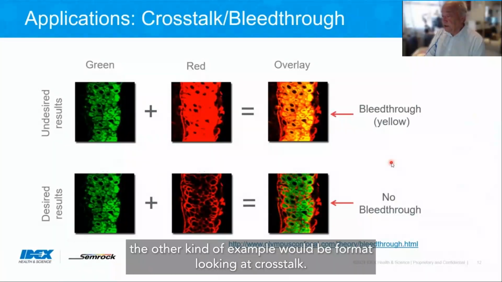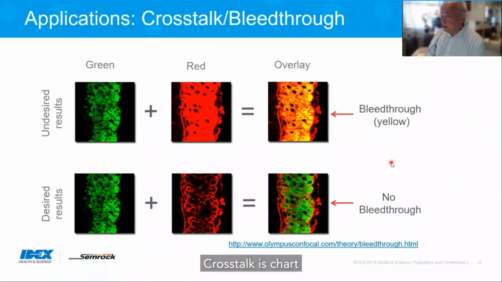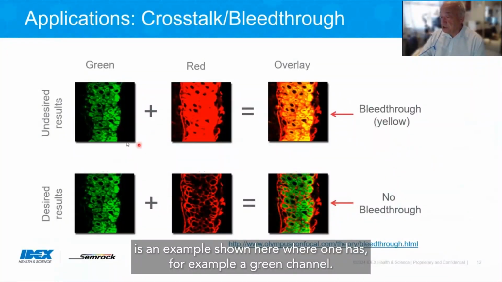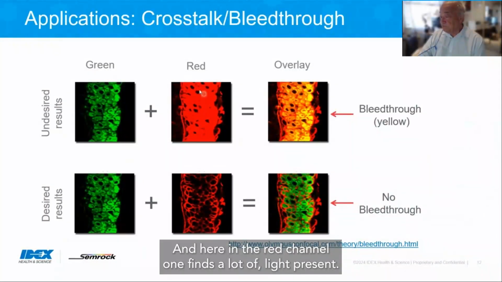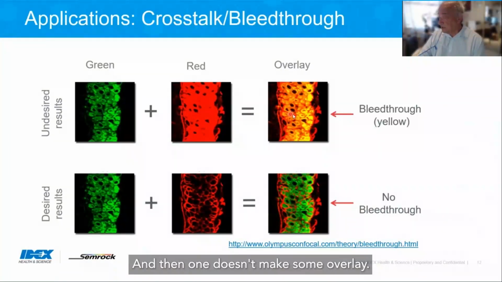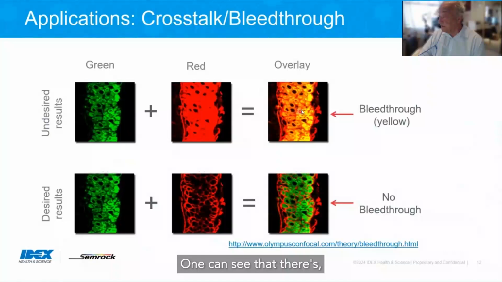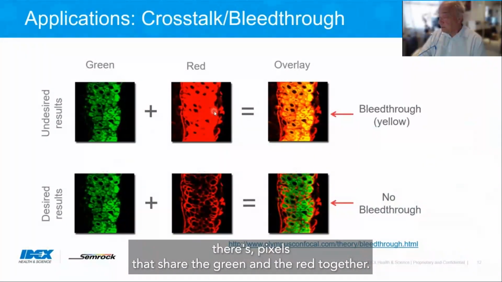The other kind of example would be for looking at crosstalk. Crosstalk is shown here where one has, for example, a green channel, and here in the red channel one finds a lot of light present. When it makes an overlay, one can see that there's a lot of yellow, which means that these are pixels that share the green and the red together.